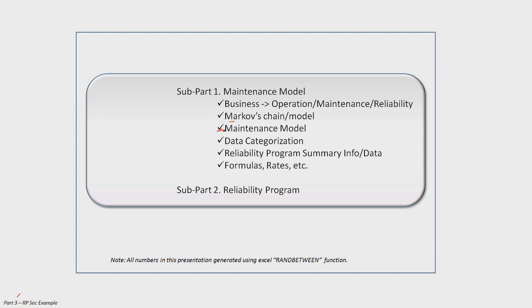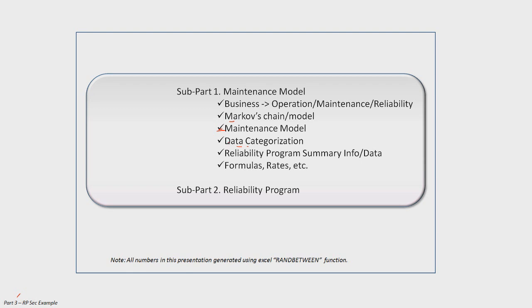Then based on this maintenance model and the attributes and items that we discussed so far, we will try to group our operation/maintenance data. We will try to categorize these groups. I call it data categorization.